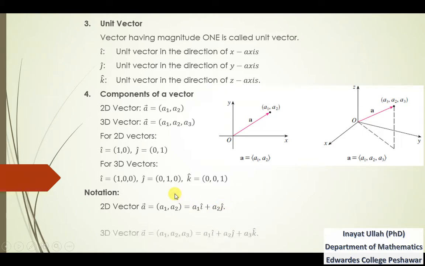Similarly, this 3D vector can be written in ijk notation as a1 into i cap plus a2 into j cap plus a3 into k cap. So that is the second notation for 2D and 3D vectors.